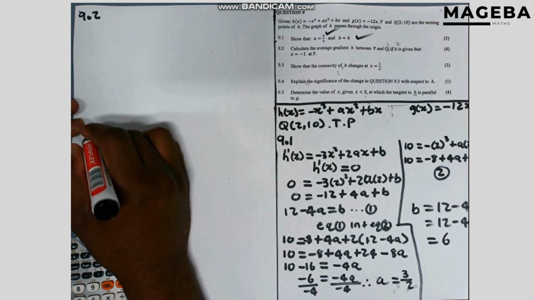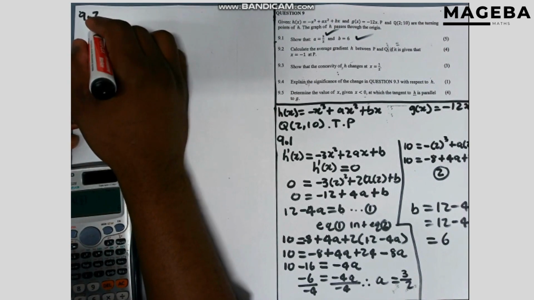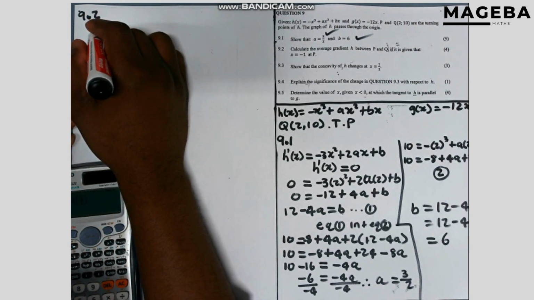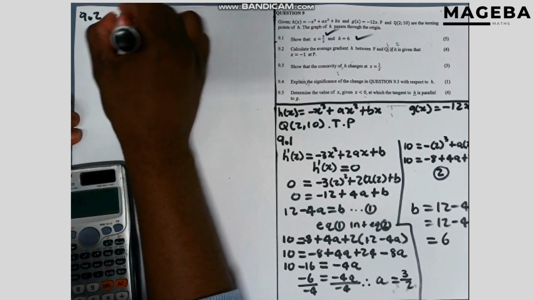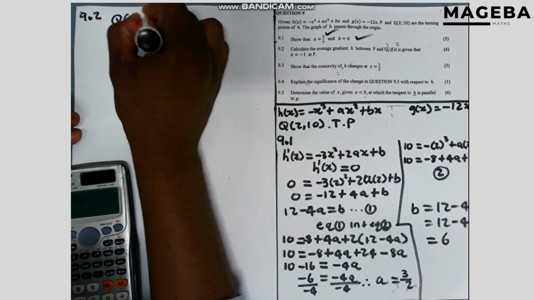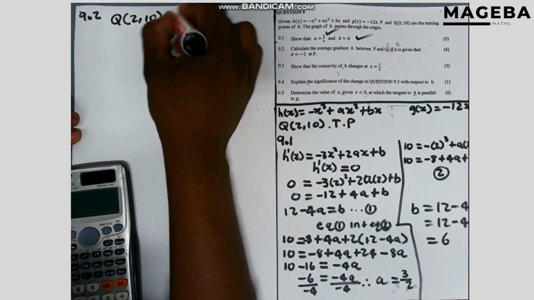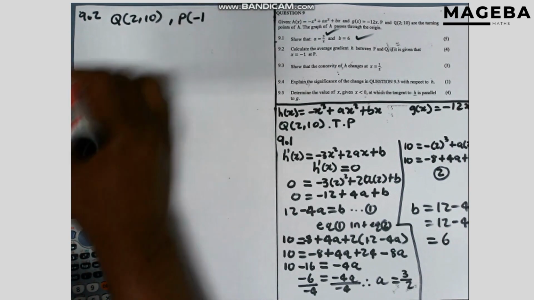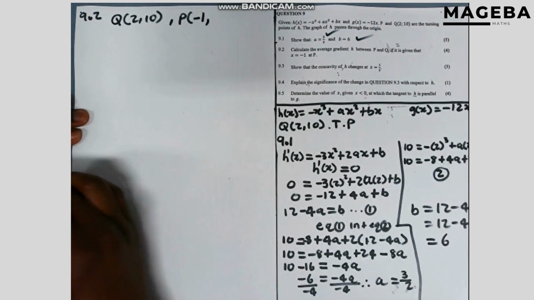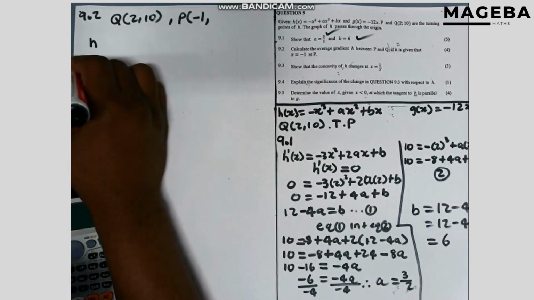is saying calculate the average gradient of h between P and Q, where it's given that x is negative 1 at P. Now we know the coordinate of Q is (2; 10). The point we have at P is x equals negative 1, so we need to find the y of that point. So we go to our original equation.